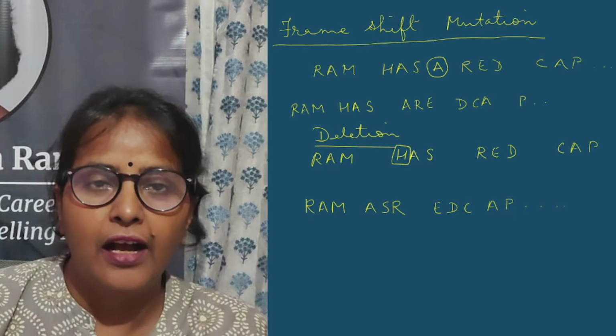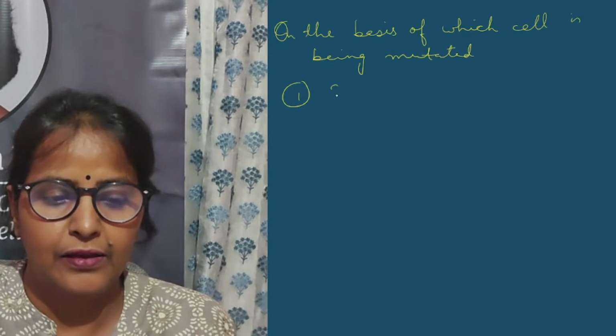Let us see how mutation can be classified in other ways. There are three other ways. One is on the basis of where this mutation is taking place. If it is taking place in somatic or vegetative cells, we call it as somatic mutation, and if it is taking place during gamete formation in germinal cells, we call it as germinal mutation.